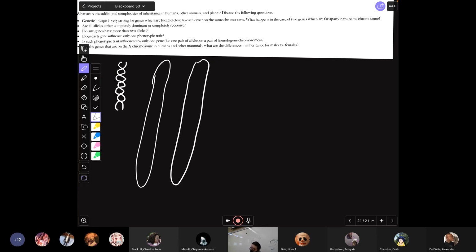Remember that there are all kinds of genes on here, and there's a lot of space in between that regulates those genes. So the pink is one gene, the blue is another, the green is a third, and they're all up and down the chromosome.